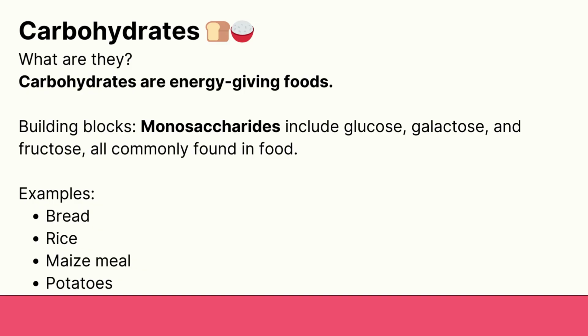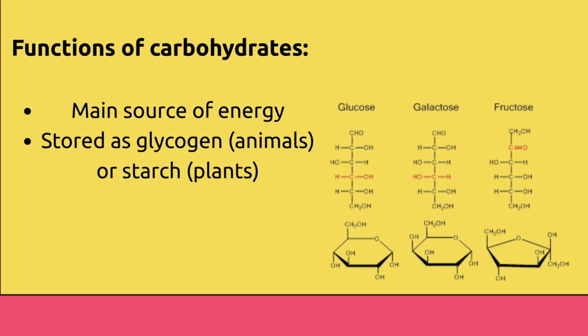So examples of your carbohydrates would be the bread, the rice, maize meal, potatoes, and sugar. And carbohydrates are the best meal to eat after doing cardio, maybe when you're running, when you're working out, on a treadmill. The carbs are the best foods to eat after because they give a lot of energy.